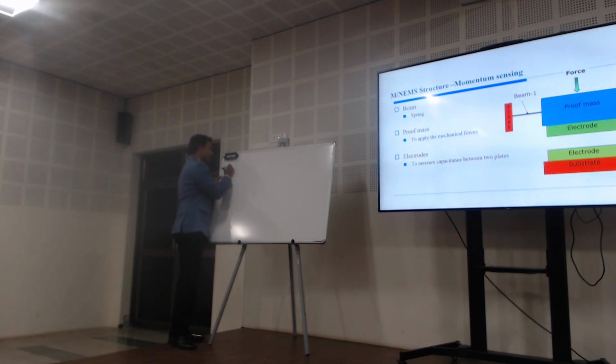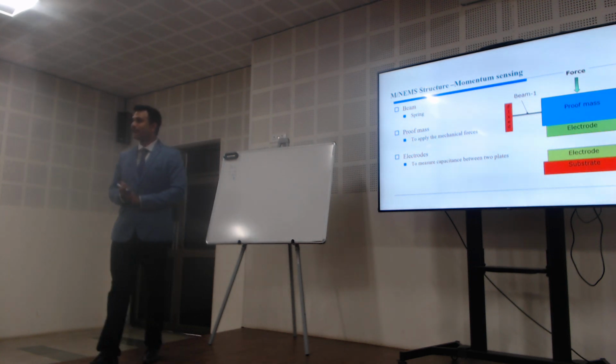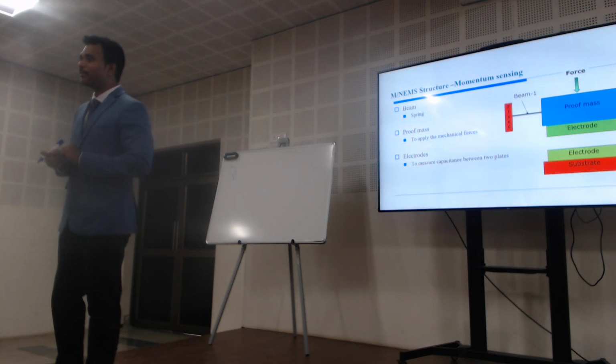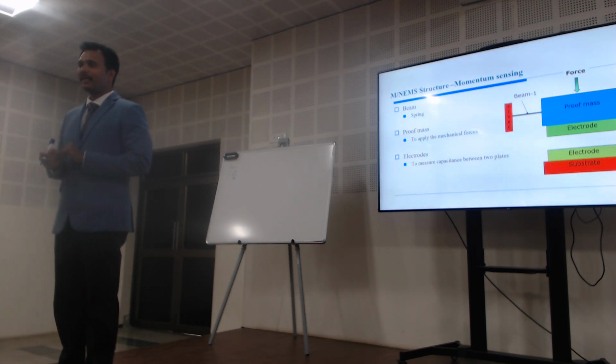Coming to the suspension beam, it decides whether our sensor is a one-directional, two-directional, three-directional or angular sensor. The structure of the suspension beam reflects which type of sensor you are implementing.